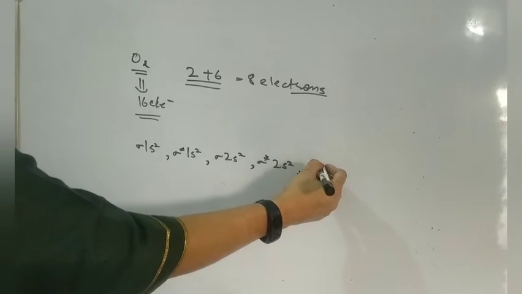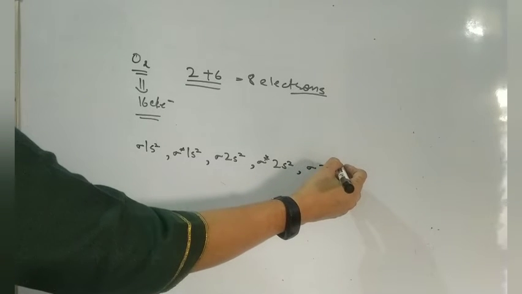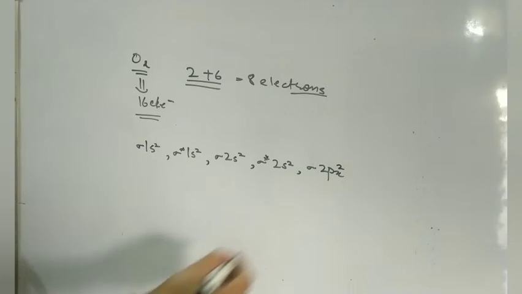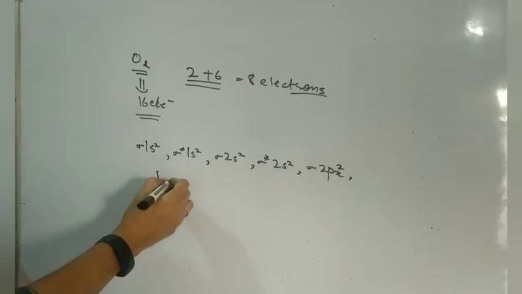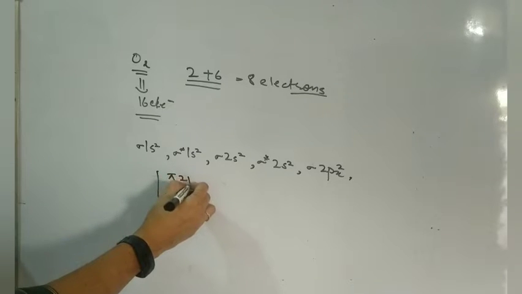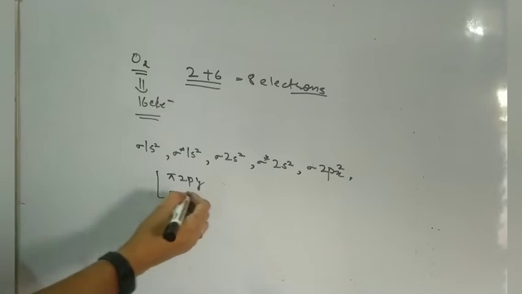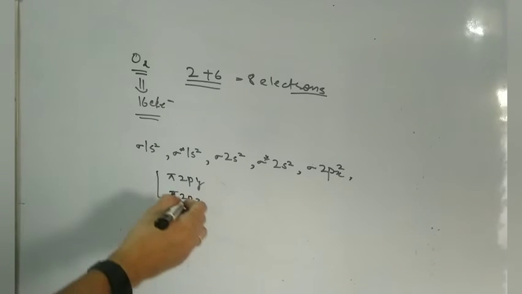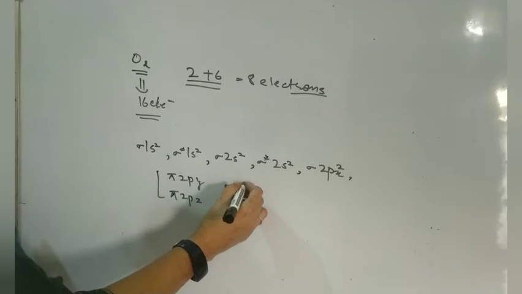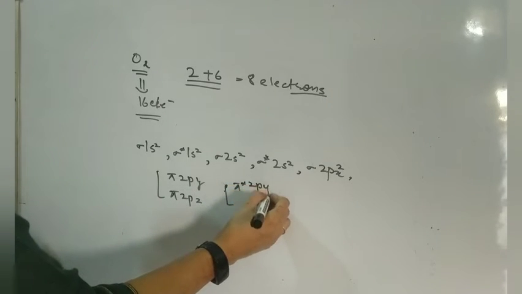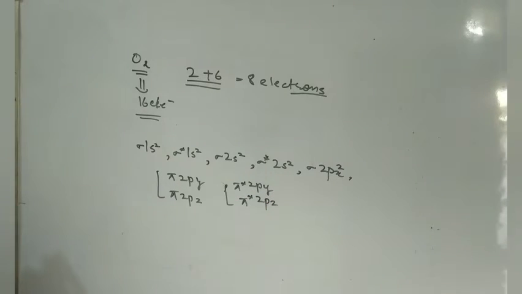Then according to the energy of the orbitals, we have sigma 2px2, and then pi 2py, pi 2pz, and then pi star 2py, pi star 2pz.